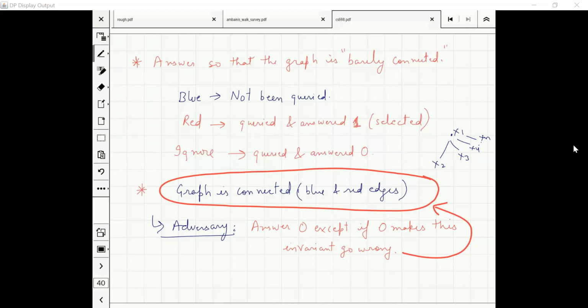I will keep the graph barely connected. That means I will mostly answer 0. I will only answer 1 if removing that edge makes the graph disconnected.